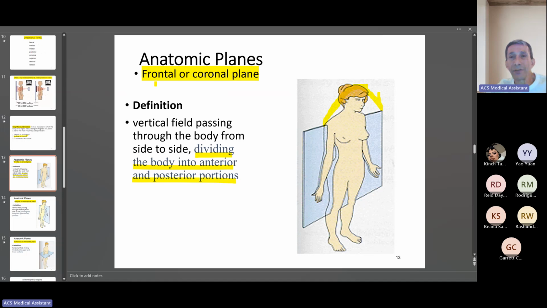So you know that the face is in the front. You know that the breast or the chest is in the front. So that means coronal or frontal. That's why I'm giving you all these hints, because that's how they like to throw those questions in there.